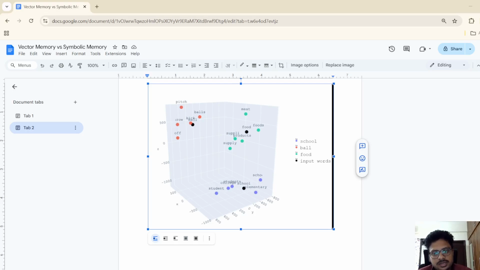Those numbers are called vectors. Sound complex? Don't worry, here is the easy version. Imagine Google Photos.